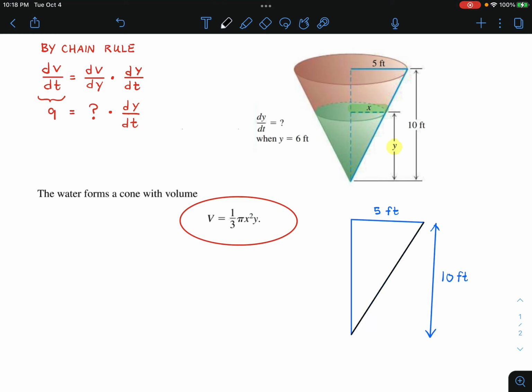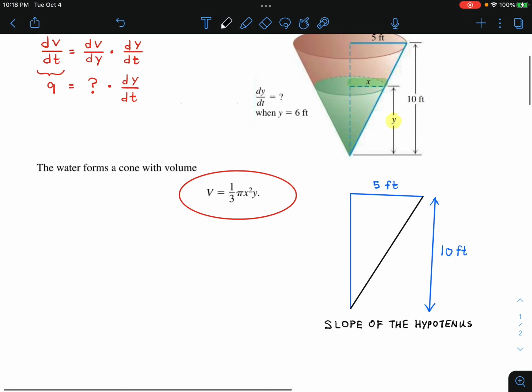If you think of the hypotenuse here like a line, we can find out the slope of this hypotenuse by dividing rise by the run, in this case 10 over 5.